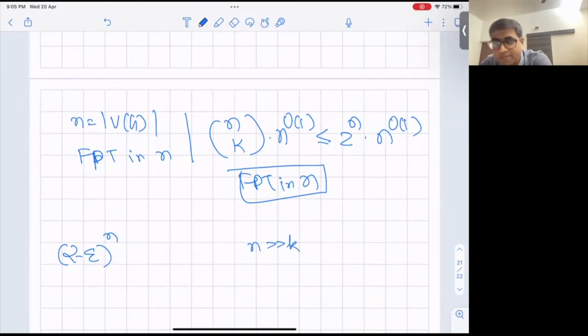So let's see if we can, with a parameter which is potentially much larger than k, design something which is non-trivial. Can we do something which is better than brute force? Any parameterized algorithm by its nature is a smart way of looking into the solution space.